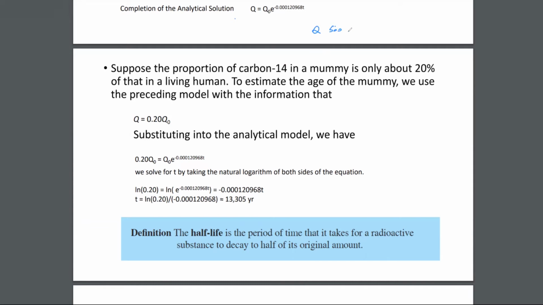And what does 20% of this mean? 20% of this means if it's a living one, I have this much, right? So if this is 1, so that means, well, how can I say this? Let's say if it is 100, then if the starting value is 100, that means 20 in there, right?